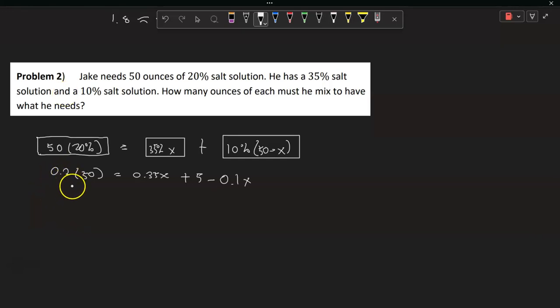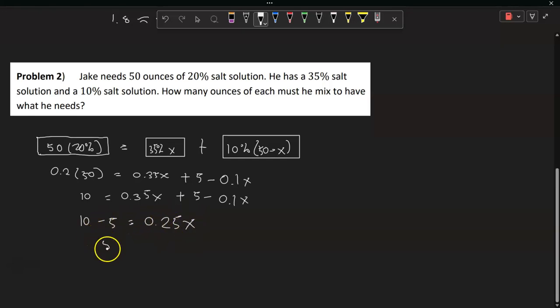This is 20% of 50, that is just 10, right? So 10 equals 0.35X plus 5 minus 0.1X. Then we combine like terms. This gives us 10 minus 5 equals, what's 0.35X minus 0.1X? This is just 0.25X.